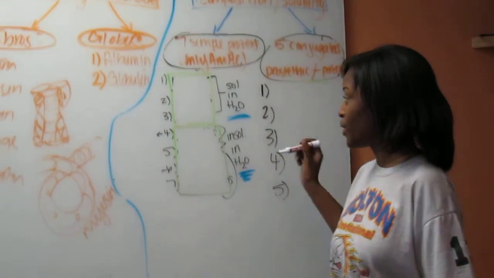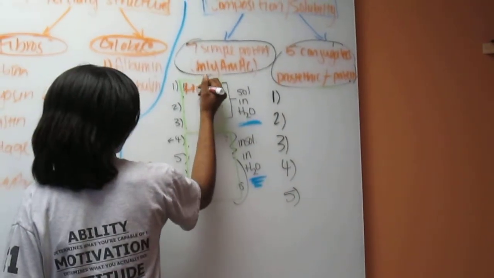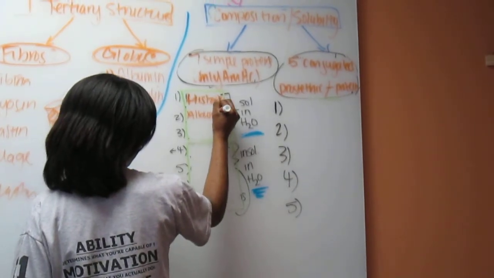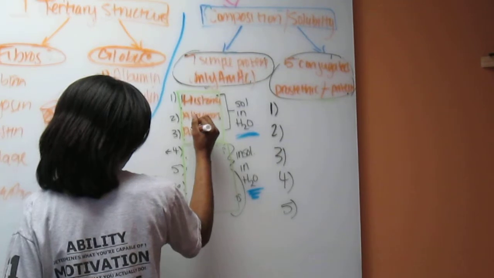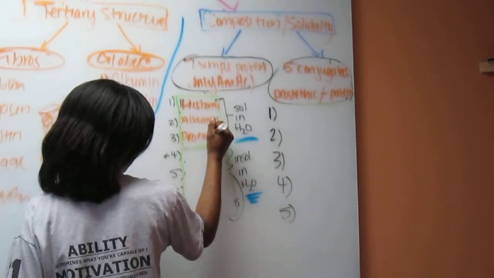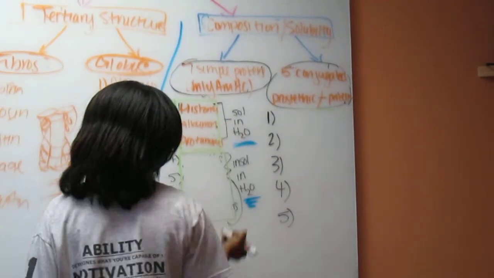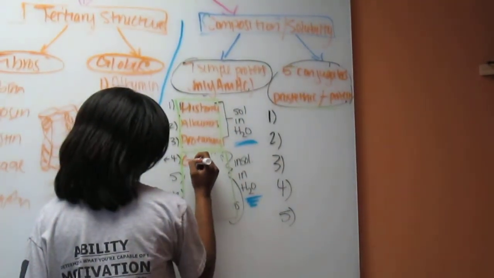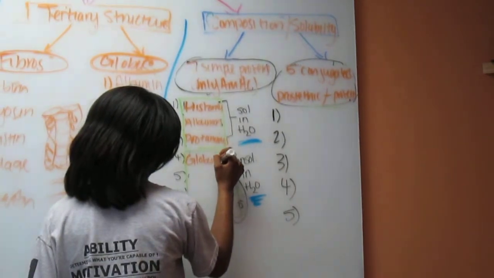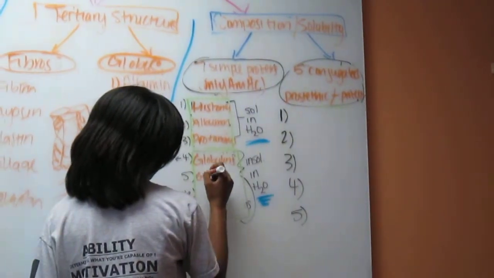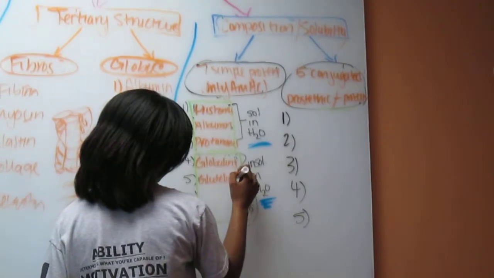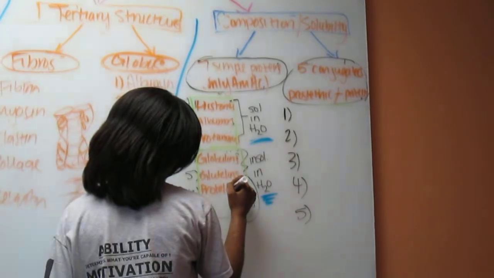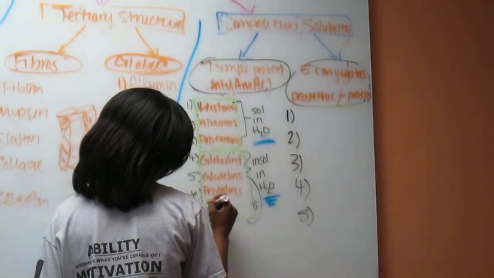The 3 soluble in water are histones, albumin, and protamines. The 4 that are insoluble in water include globulins, glutelins, prolamins, and scleroproteins.